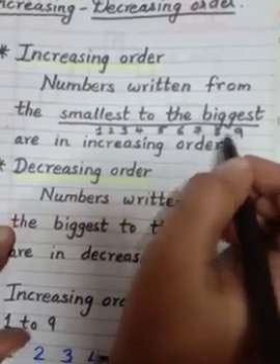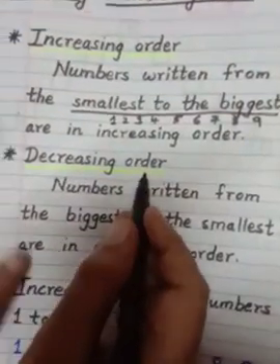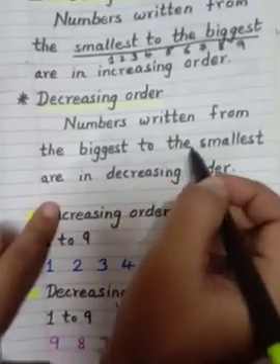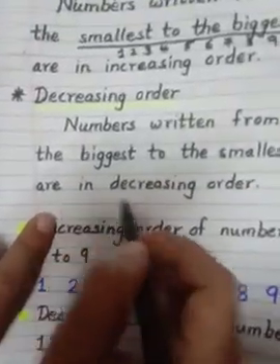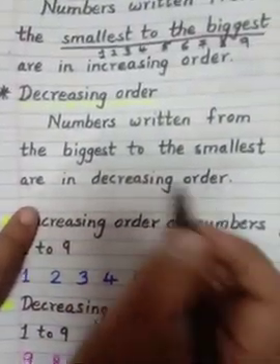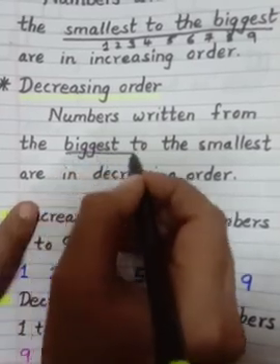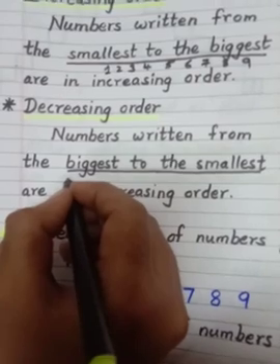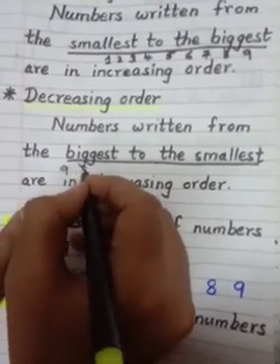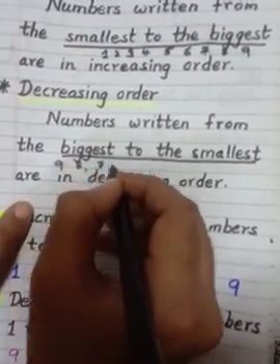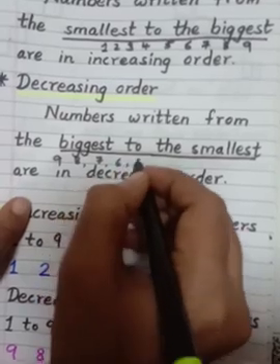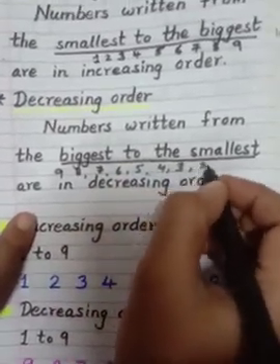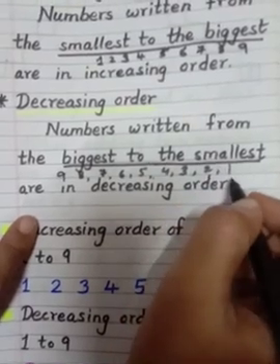Understood? Then decreasing order. Numbers written from the biggest to the smallest are in decreasing order. Biggest to the smallest means biggest number 9, 8, 7, 6, 5, 4, 3, 2, 1.